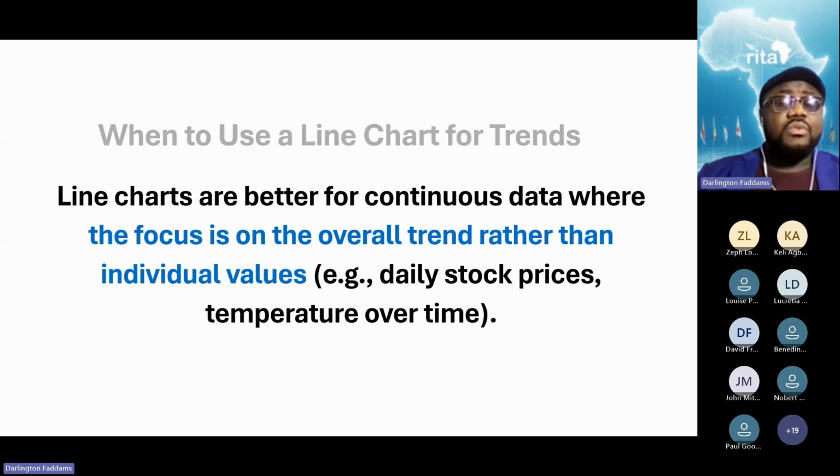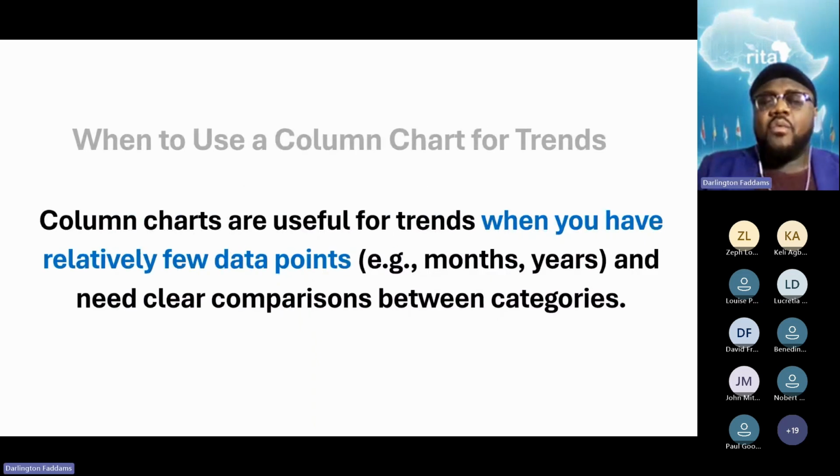And number two, when you have numerous data points, a lot of data points, and when the focus is on the trend. Over here, we use this when we have few data points and when the focus is actually on the values or on the points.